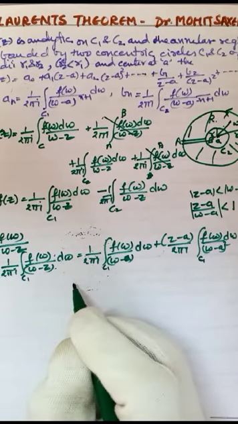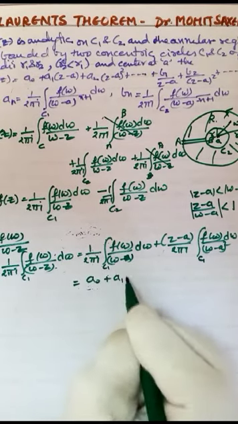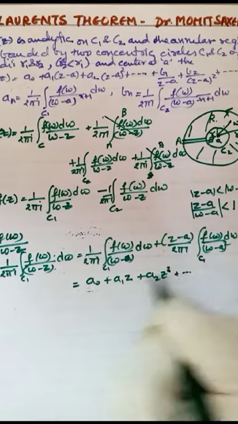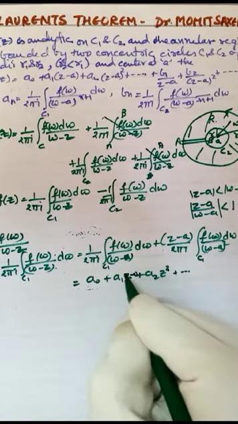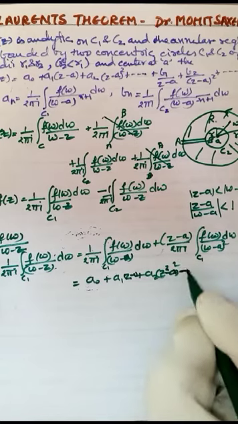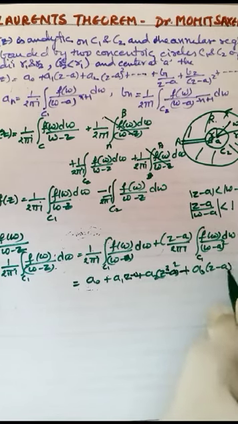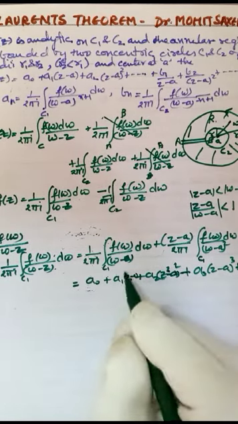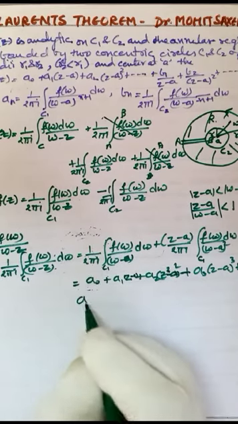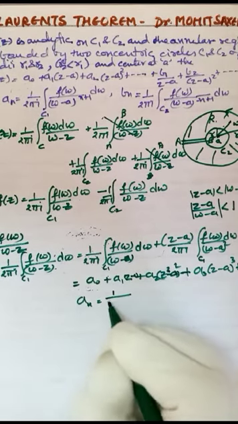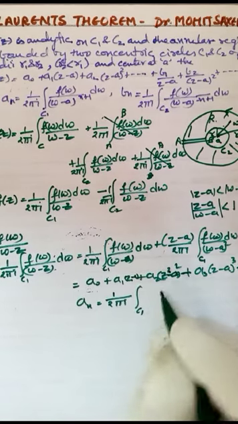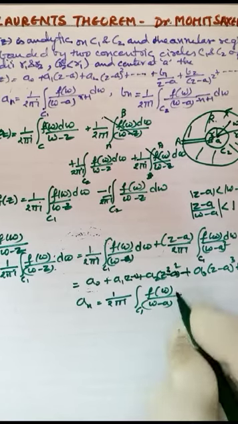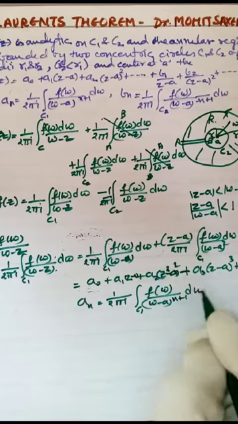So this expansion can be equal to a0 plus a1(z minus a) plus a2(z minus a) whole squared plus a3(z minus a) whole cubed plus dot dot dot, where a1, a2, a3 are generalizations of this integral, and an can be written as 1 upon 2 pi i over C1 of f(w) upon (w minus a) to the power n plus 1 times dw.